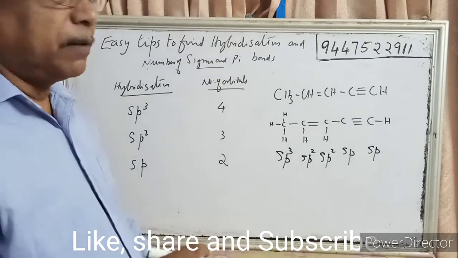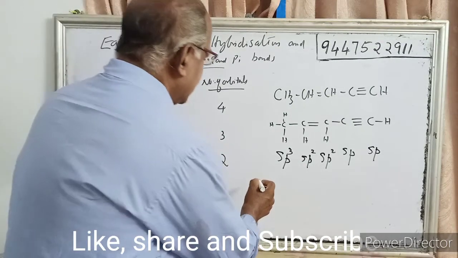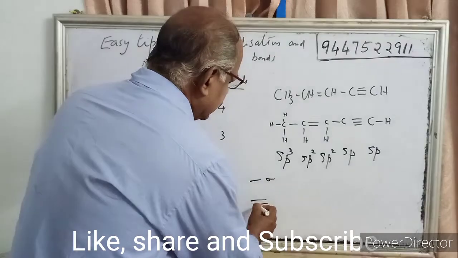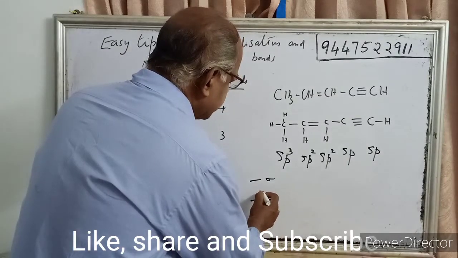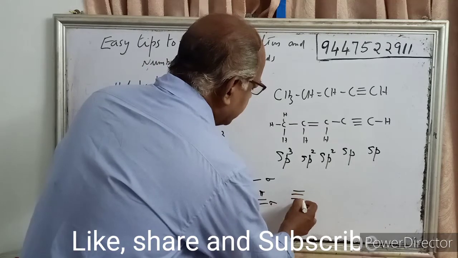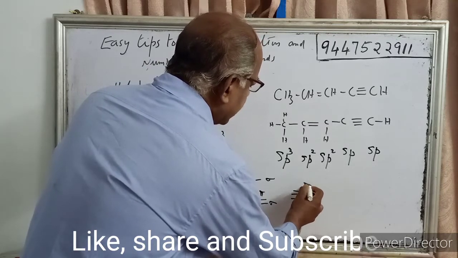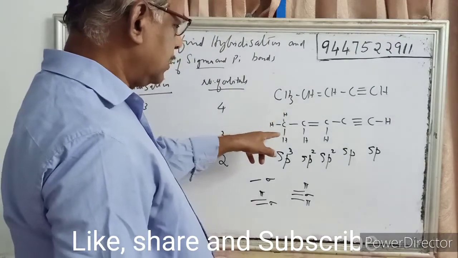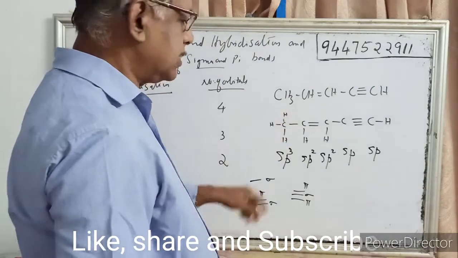Now coming to sigma bonds and pi bonds. A single bond is only a sigma bond. If there is a double bond, one is a sigma bond and the other is a pi bond. If it contains a triple bond, one is a sigma bond and the other two are pi bonds. In the CH3 carbon there are 3 sigma bonds, and with the carbon, 4 sigma bonds.